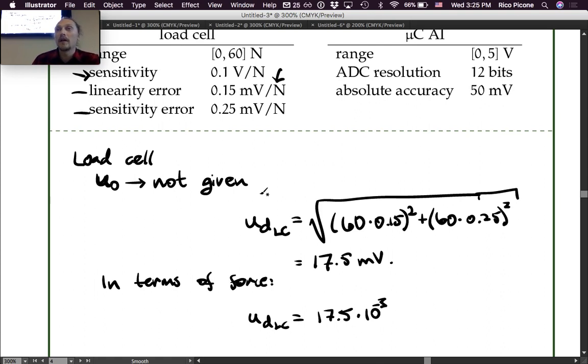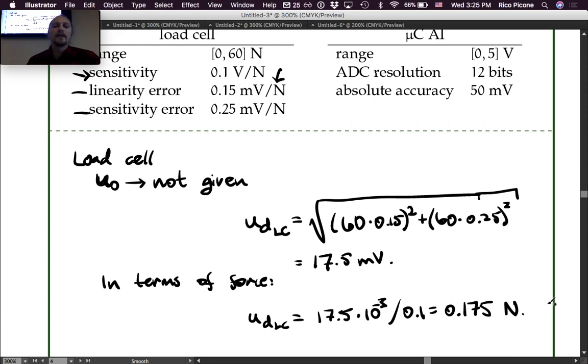Times would be wrong. Divided by 0.1 volts per newton to give us newtons, right? So divided by 0.1, which gives us 0.175 newtons. So that is our design stage uncertainty in terms of force for the load cell.